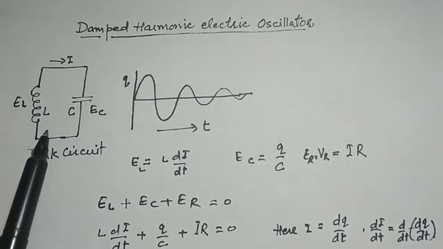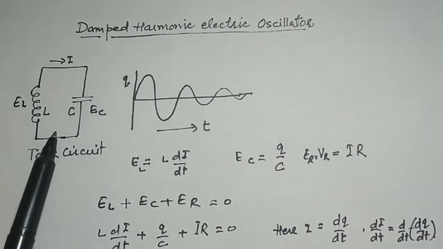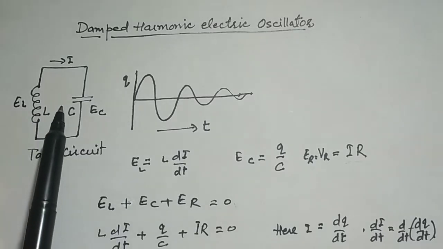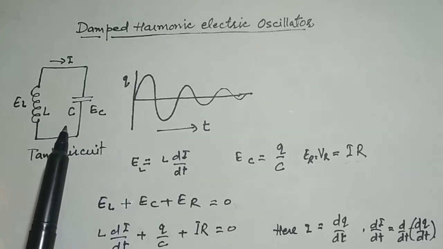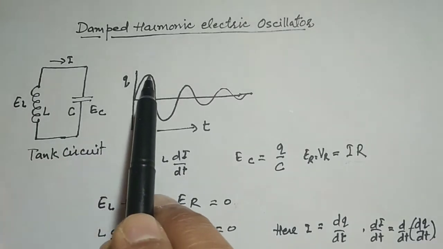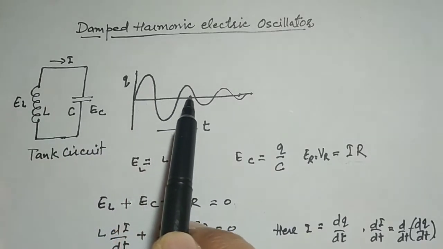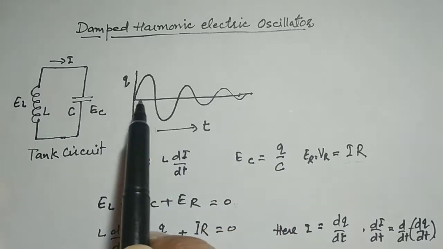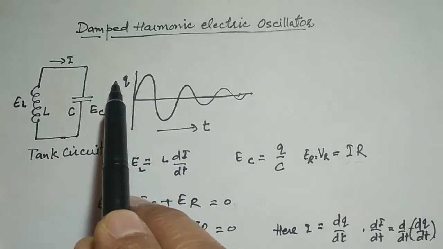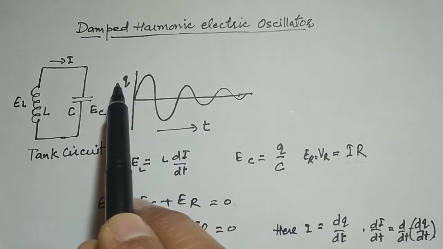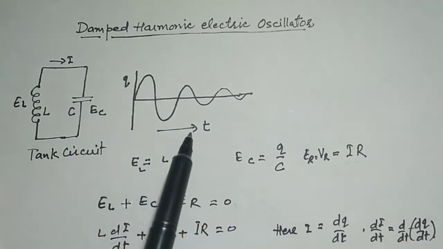But due to the resistance of the connecting wires and components, some current loss is always there, and this loss of current decreases the amplitude of the oscillations produced. This loss of amplitude may be shown by this diagram, in which you see the charge in the circuit due to the electric current and its variation with time.